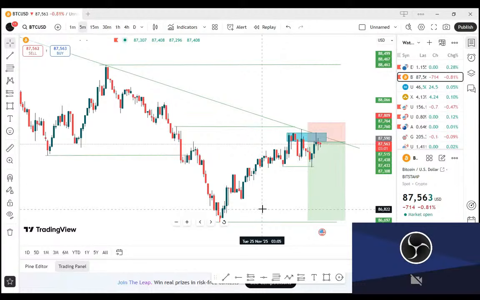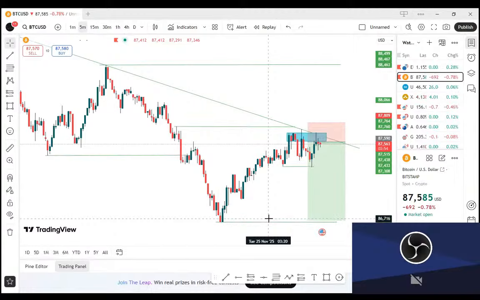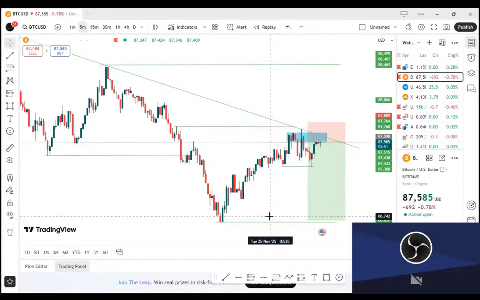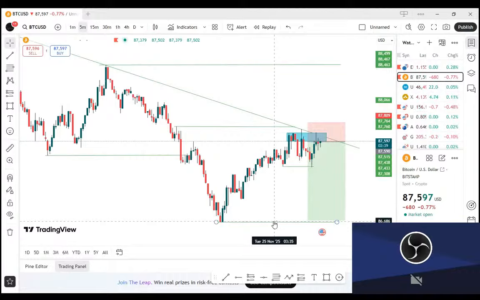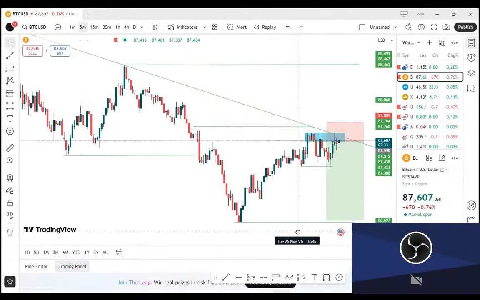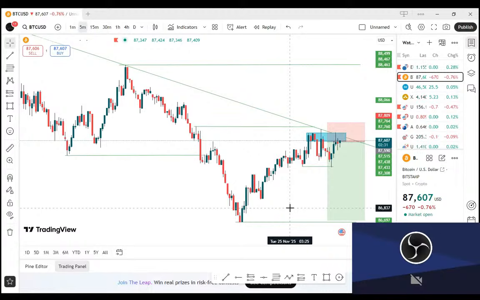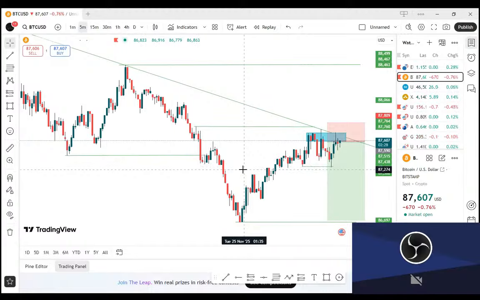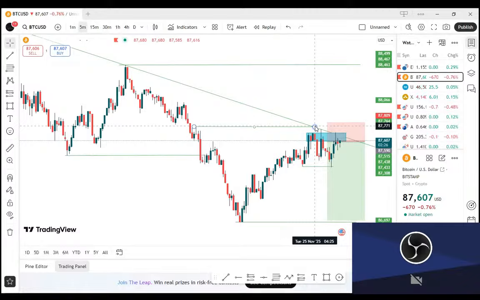So we're still waiting. 3 minutes left for the candlestick to close. And you can see if that gives us a continuation candlestick, that will be very bad.